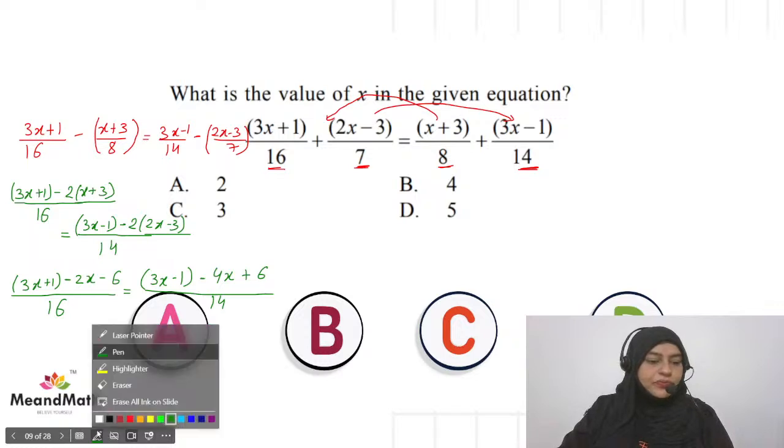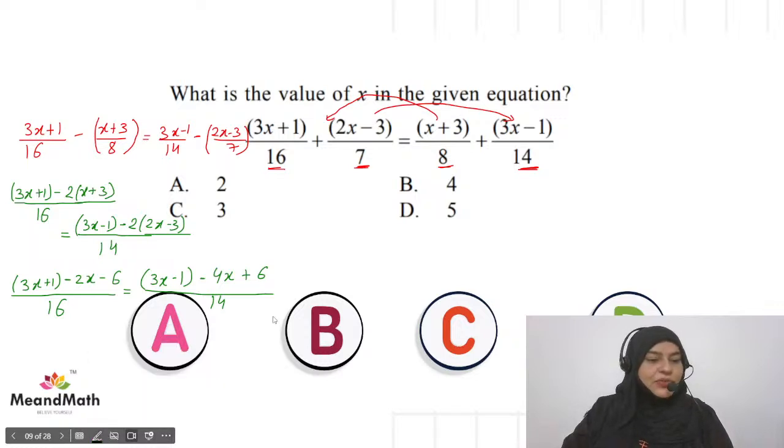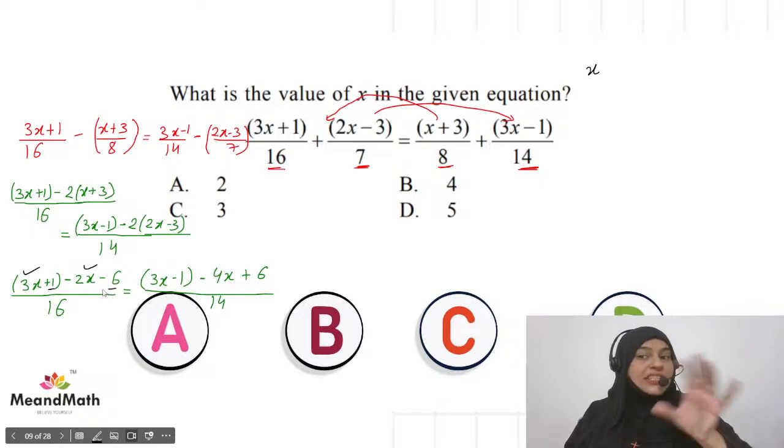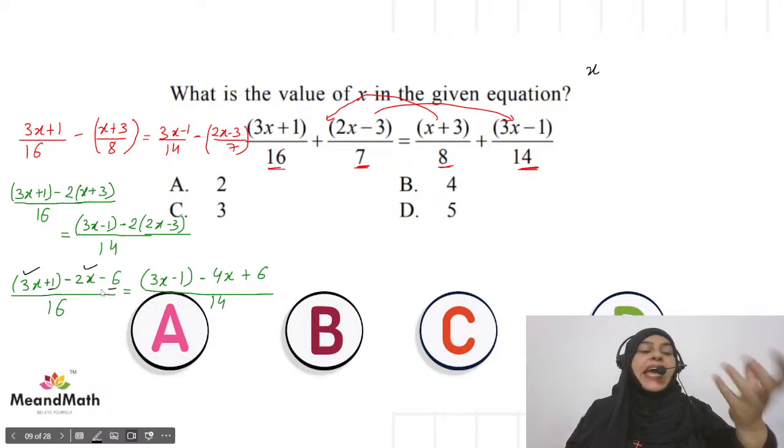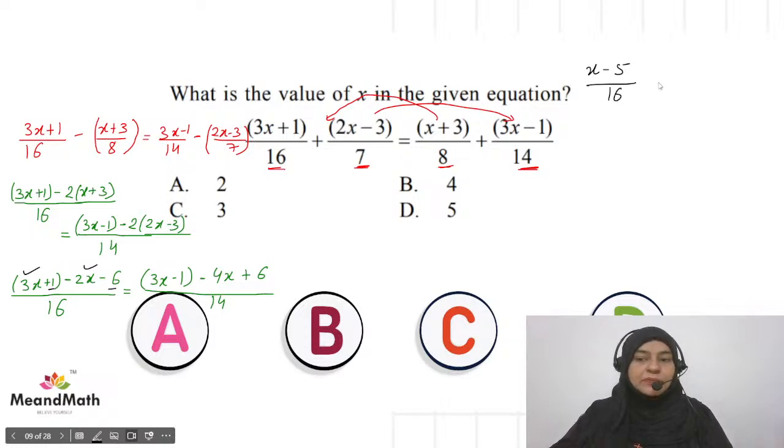Now, let's add like terms together. You can see here it is 3x and 2x. So 3x minus 2x, it will be x. Right? Now it is 1 and minus 6. Minus plus is always minus, but the sign is of the greater number. So it will be minus 5. x minus 5 divided by 16, which is equal to, now here it is 3x and it is 4x.